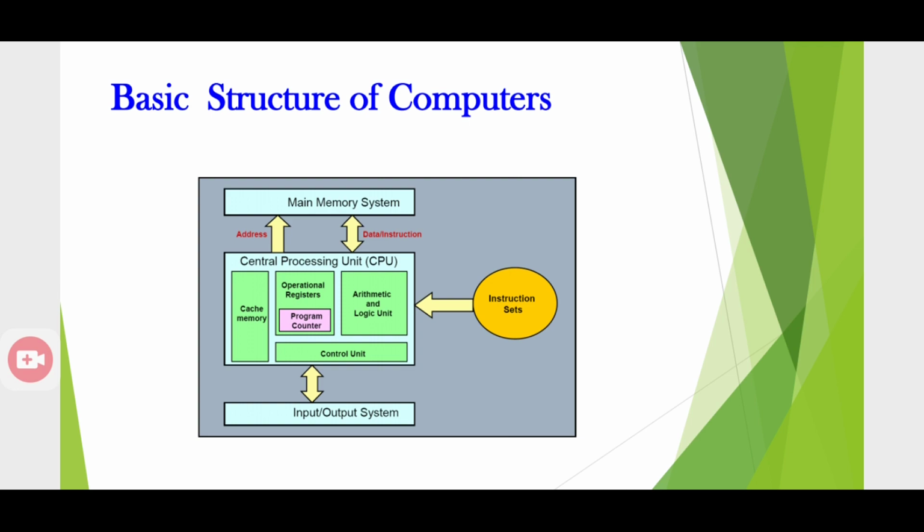Then, why are we using the central processing unit, memory unit, or input-output unit? We had already discussed that a computer is a machine which takes some input, performs some computation, and produces some output, right? So we have the input-output unit.